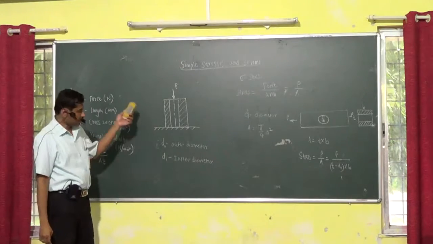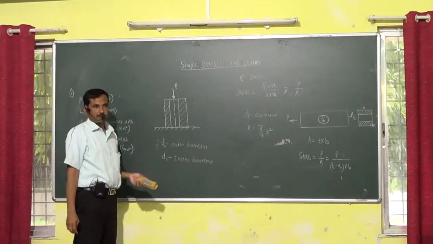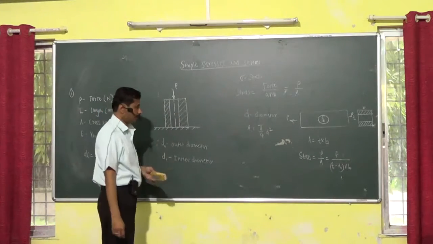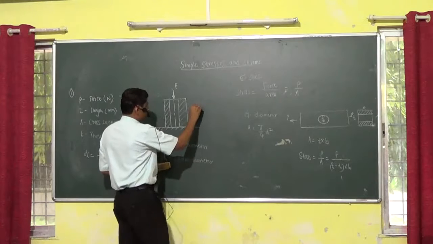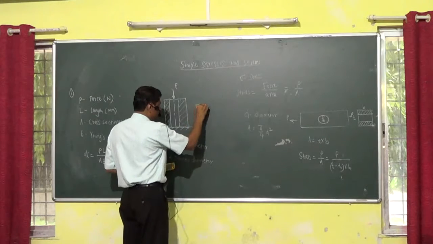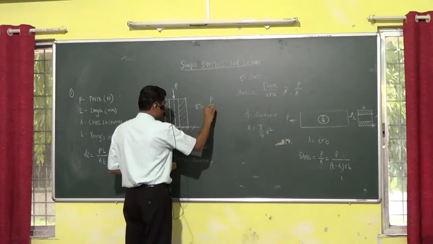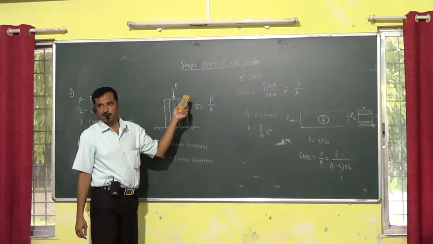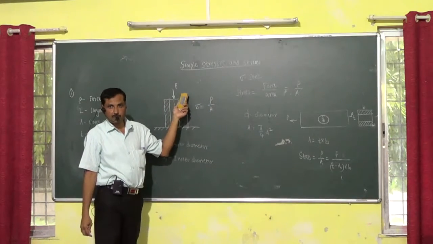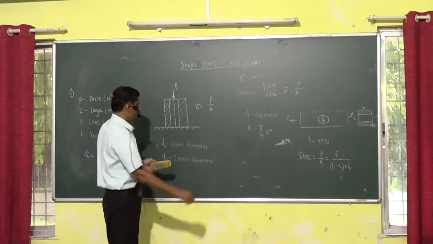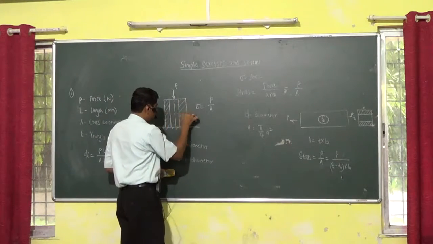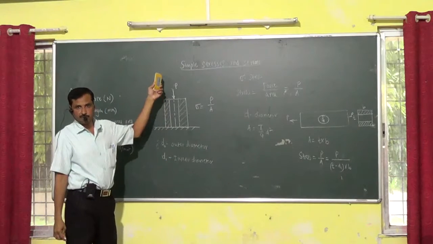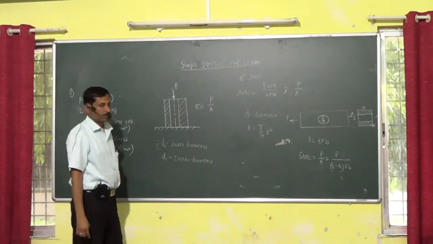In that case also, stresses and strains will be calculated with the area present. So the stress sigma is once again force upon area, the force P considered as compressive force, and the cross-sectional area is the area perpendicular to the application of force.